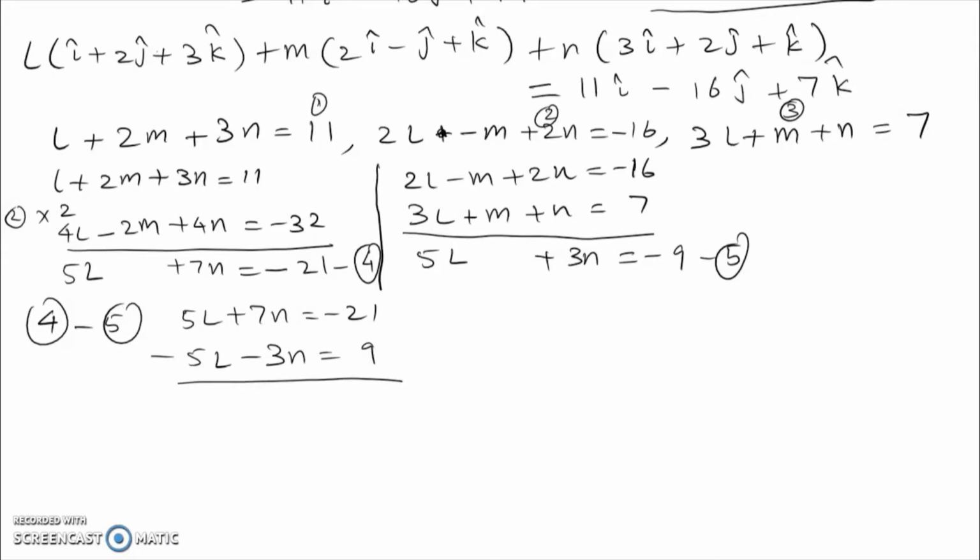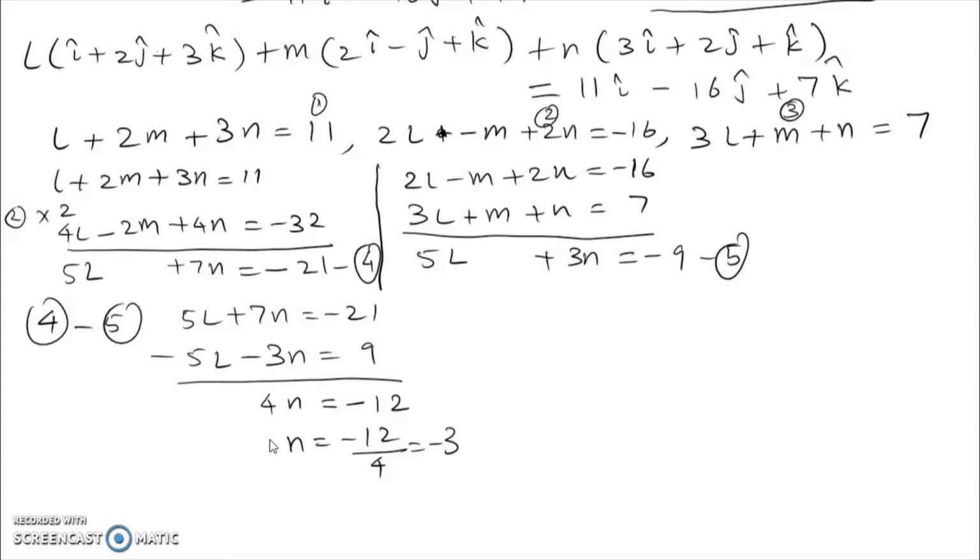So you will get your answer here as 4n is equal to minus 12. Therefore, our n is equal to minus 12 by 4, which is equal to minus 3.